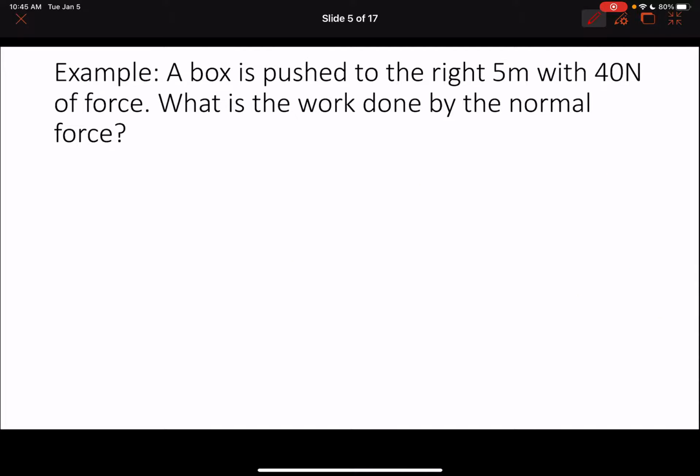Okay? Let's ask ourselves another question. This box, if we were to draw a free body diagram of that box, we have a push force of 40 newtons to the right, but we also have a gravitational force down and a normal force up.